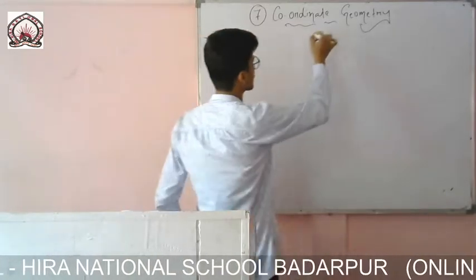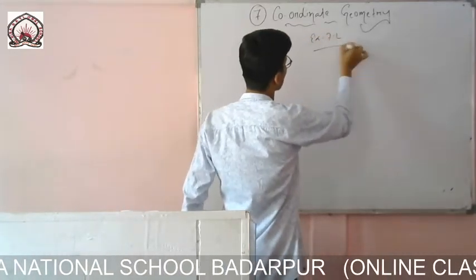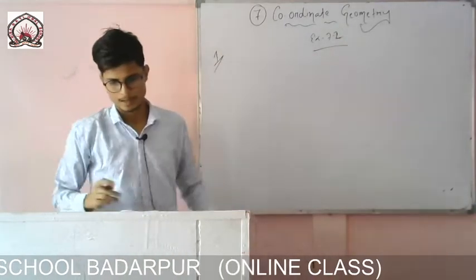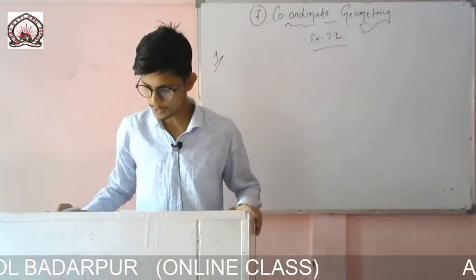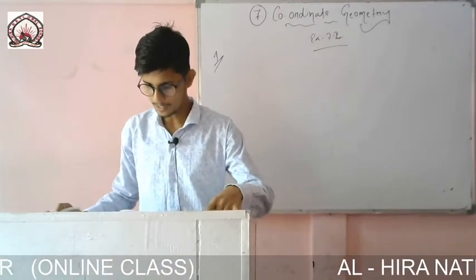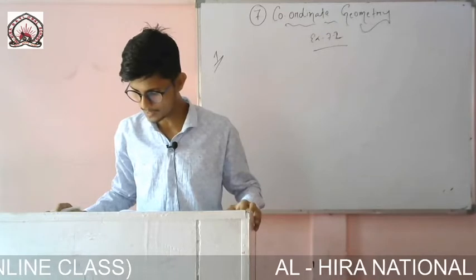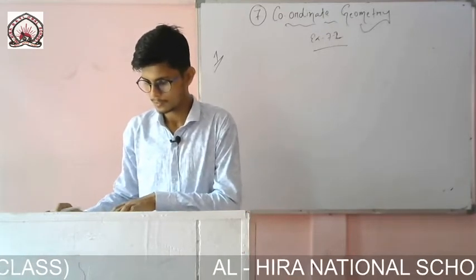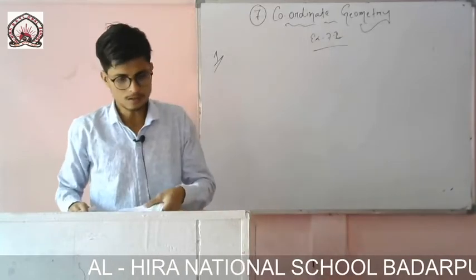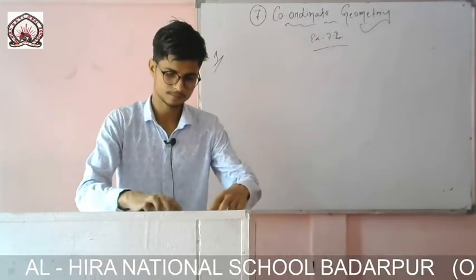So exercise 7.2, question number 1. The question is: find the coordinate of the point which divides the join of the 2 points in the ratio 2:3. Two points are given.